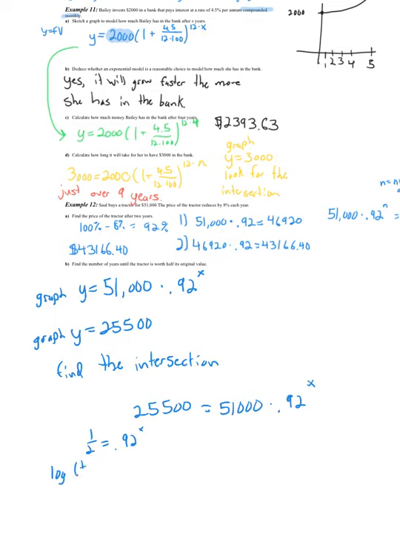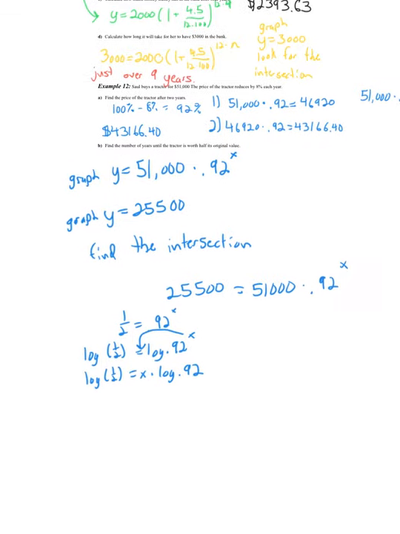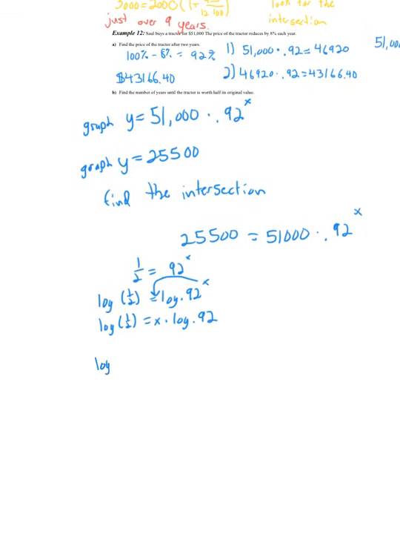And then you take a log of both sides, and then you can drop the x out in front. You guys might remember that. And then you just divide both sides by log of 0.92, and you solve for your x algebraically. So you could do it either way, whichever method you prefer. All right, but both of them should work.